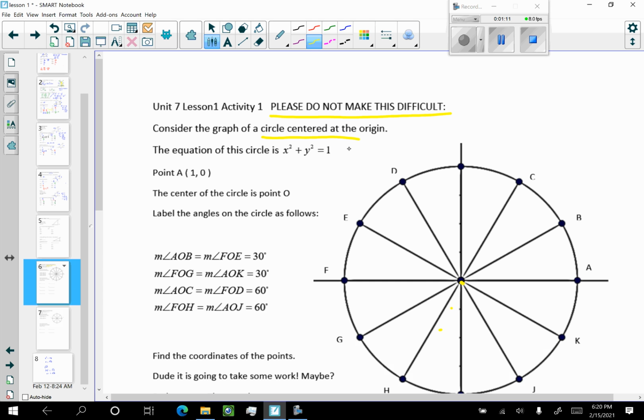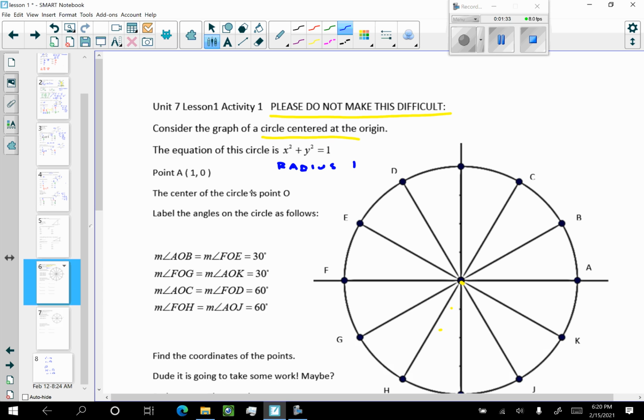It's enough for us to realize that this equation of a circle is x squared plus y squared is equal to 1. 1 is the radius here. So this guy right here, 1 is the radius. So that's what we need to realize, is that the radius of this circle is 1 unit.